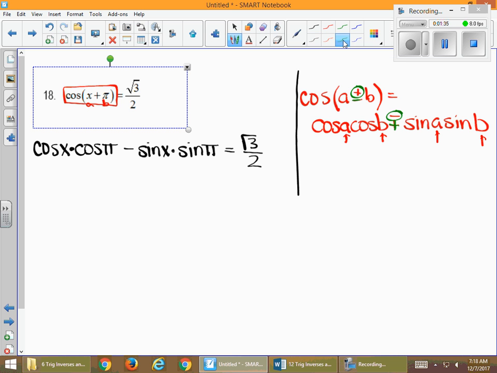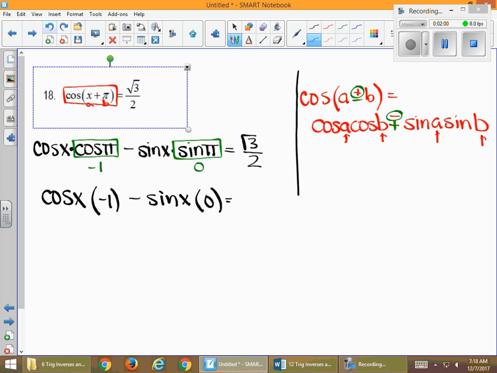And now we can put in values. So cosine of pi is a value. At pi, cosine is -1. And sine of pi is a value. At pi, sine is 0. So what I rewrite here is what I have. Oops, not sine, cosine. Cosine of x times -1 minus sine of x times 0.